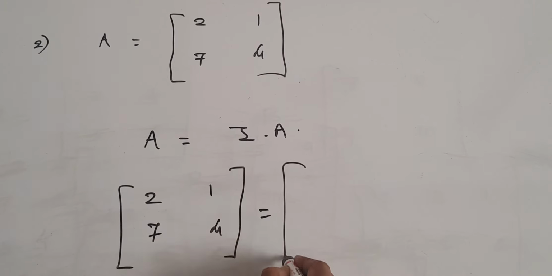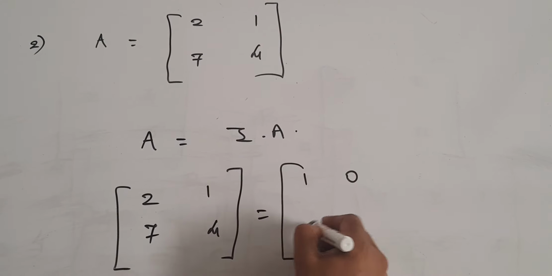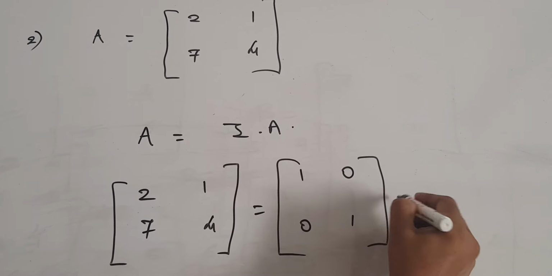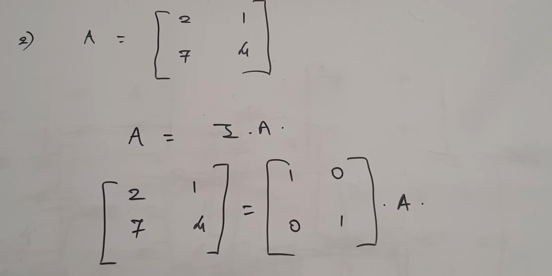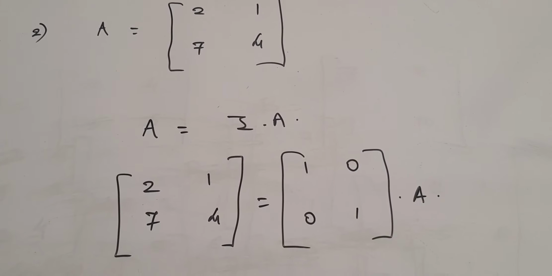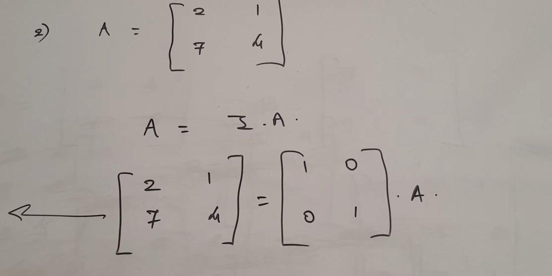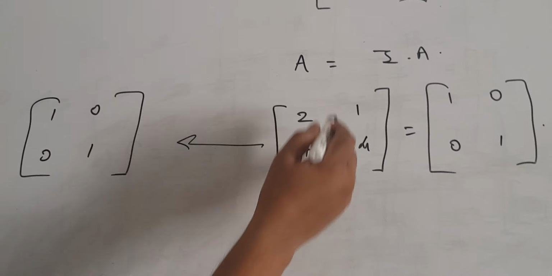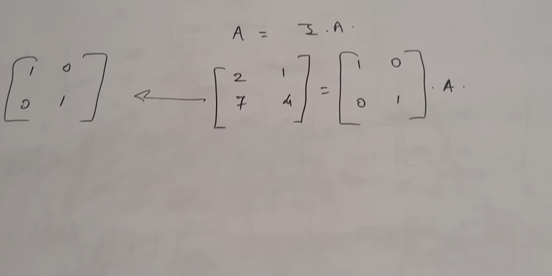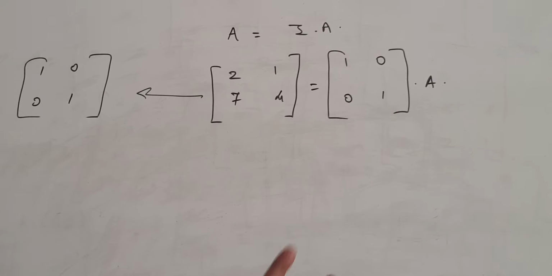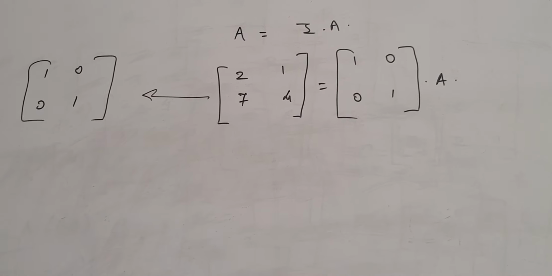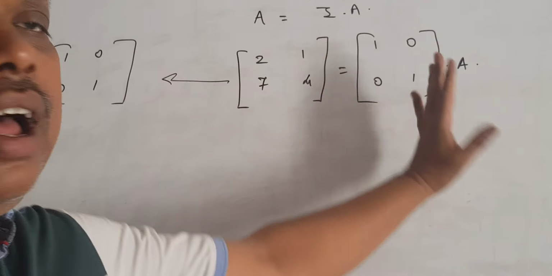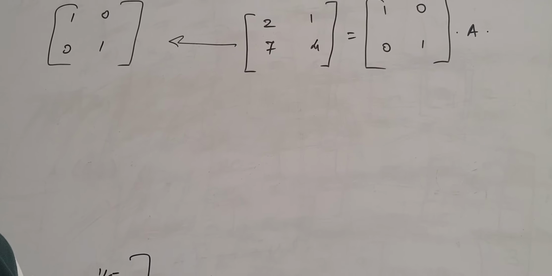I means 1 0 0 1 into A. Understand? Now this turns into what? 1 0 0 1. And whatever operations we do here, here we have to apply.